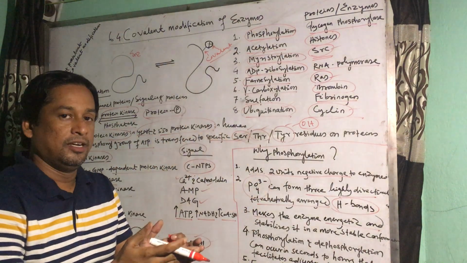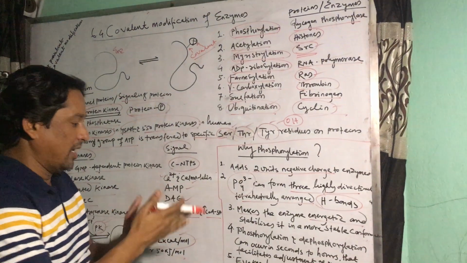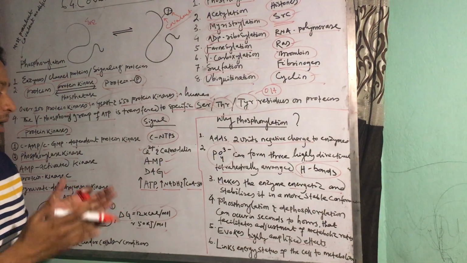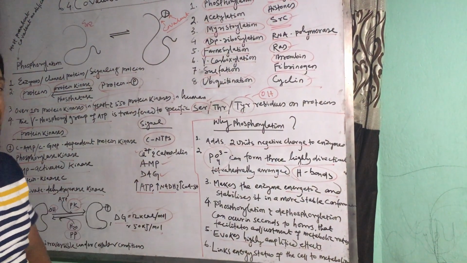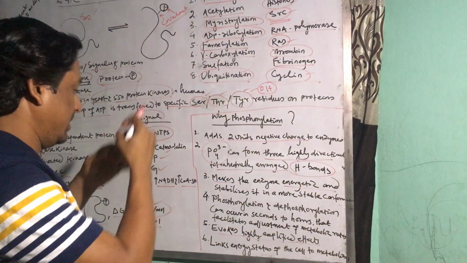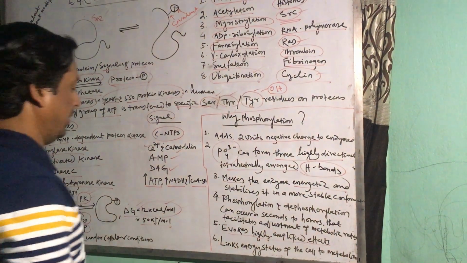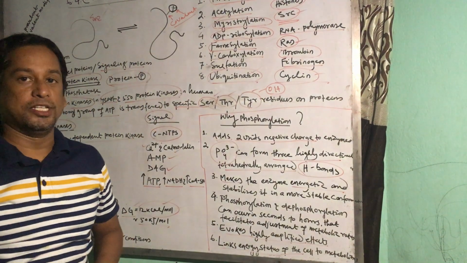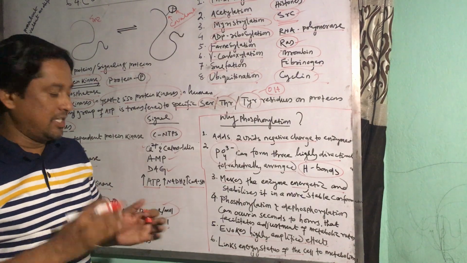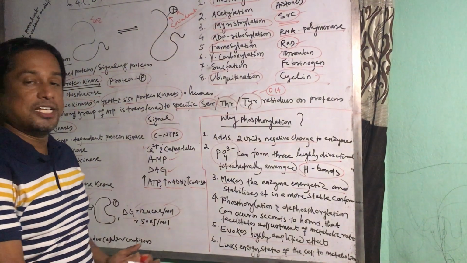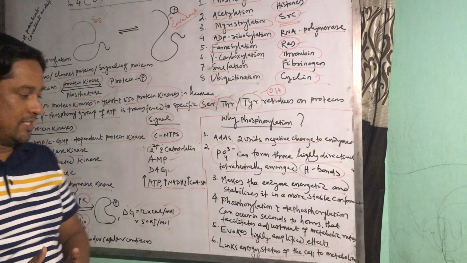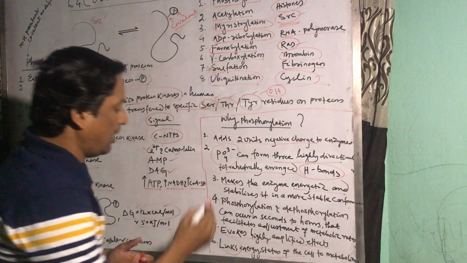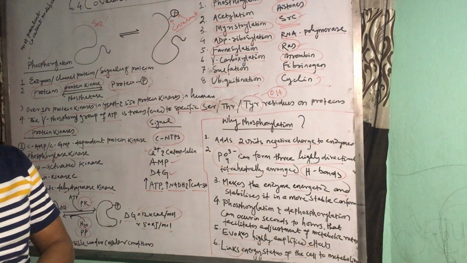Phosphorylation amplifies the signal. There are a series of proteins which act downstream of each other to facilitate a big change when a small signal is accepted at the membrane level. So it links the energy status of the cell to the metabolism. As we know, this phosphorylation of enzymes is linked to ATP hydrolysis, so the cells can link the energy status of the cell to this phosphorylation process.